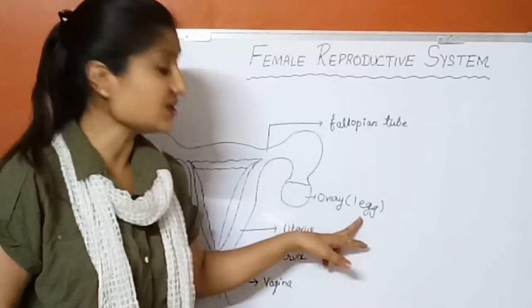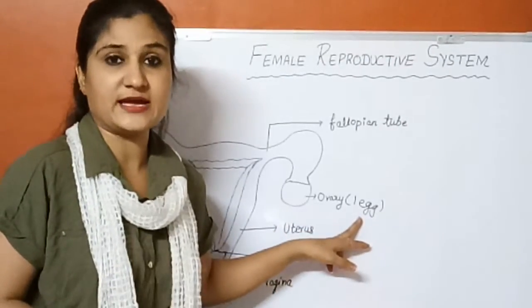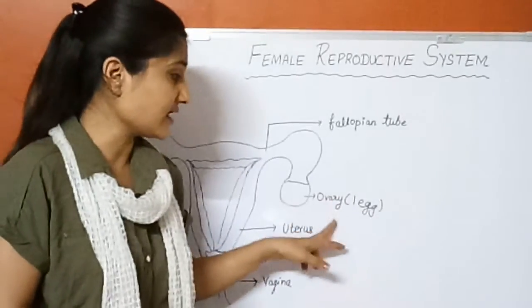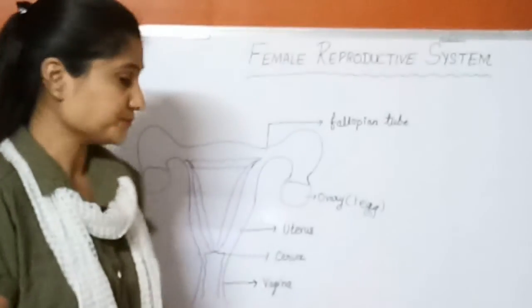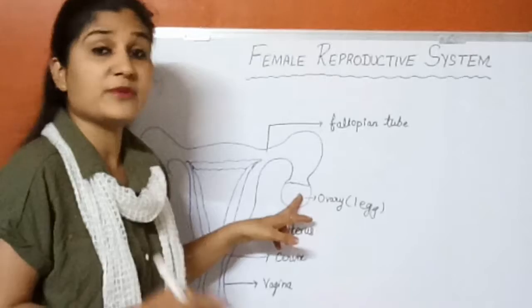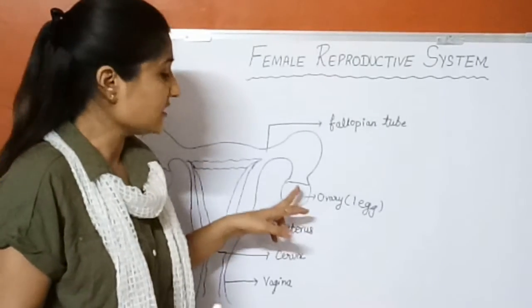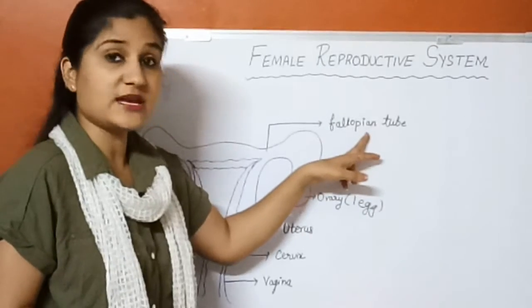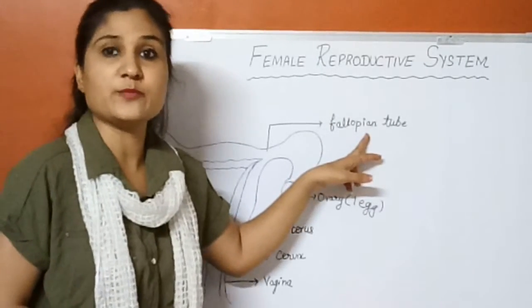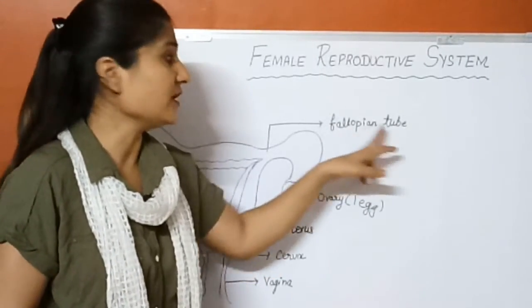The first function is the production of one egg every month, and the second role is the production of the female hormone. Now whenever an ovary produces one egg in a month, the egg is transferred to the fallopian tube. So the second important part of the female reproductive system is the fallopian tube.